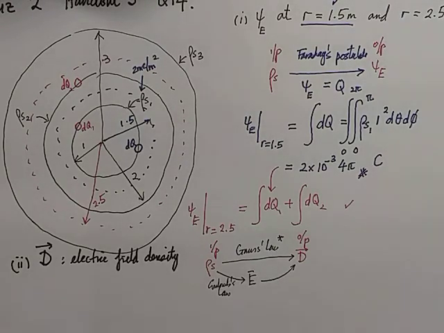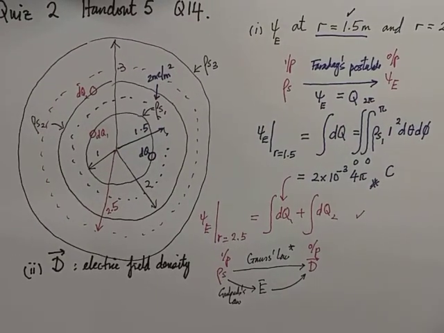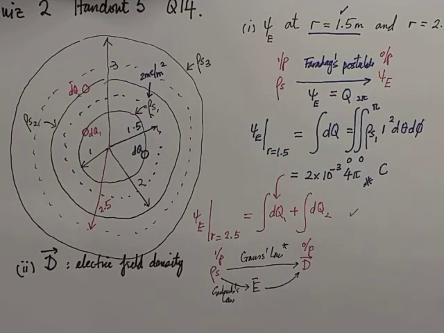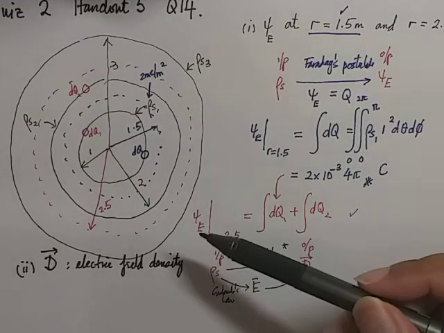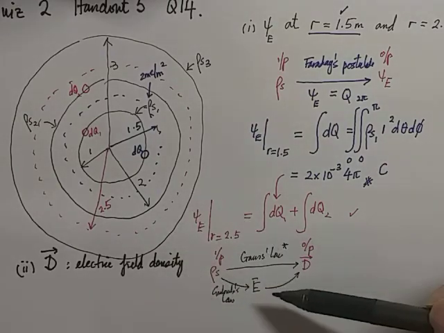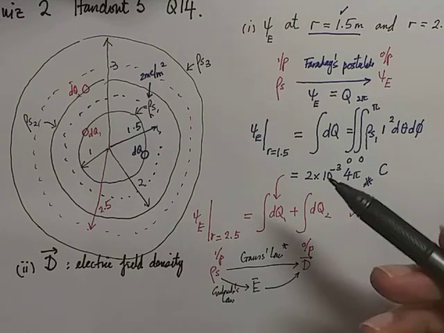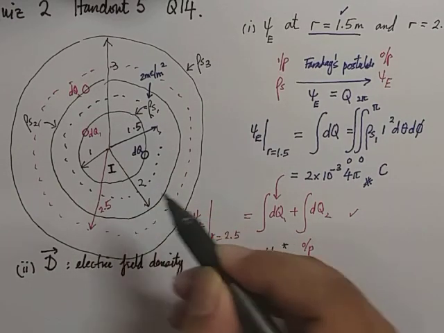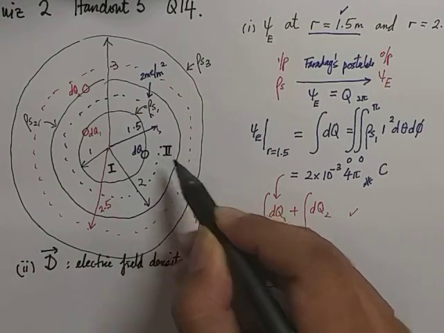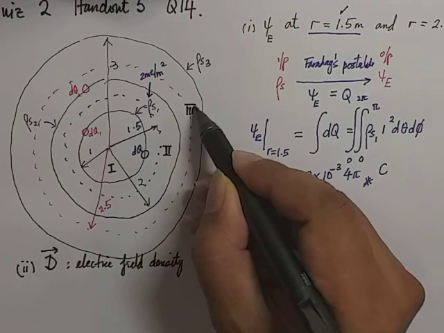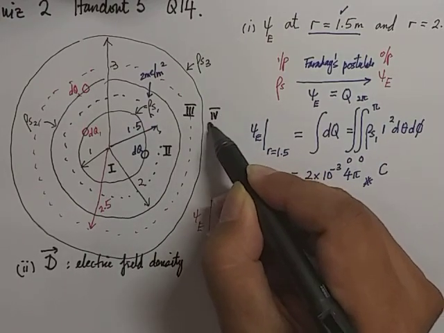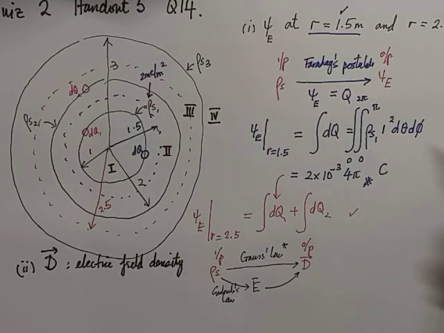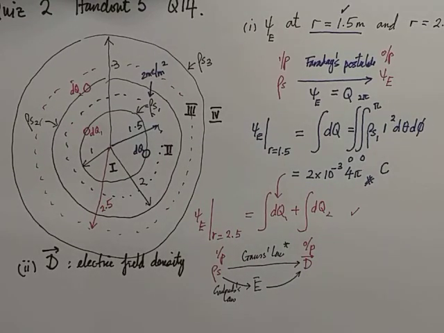So in Gauss law, remember, we always have a systematic approach, first by choosing the coordinate based on the problem or charge distribution. The coordinate that we should use here should be spherical. Then we're going to label the regions, and we can see there are 4 distinct regions that we can classify from our diagram: region 1, region 2, region 3, and region 4.